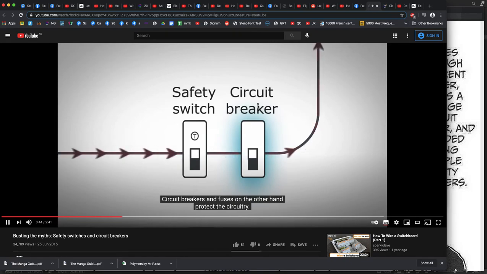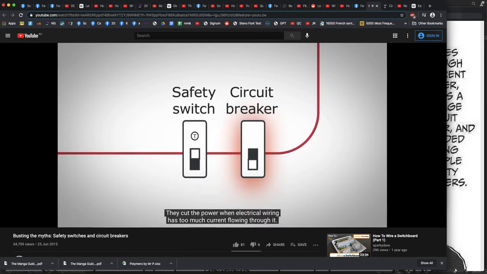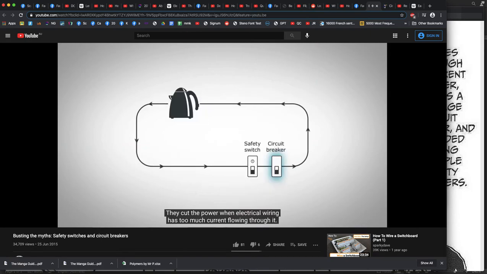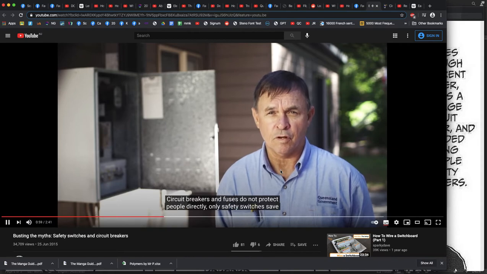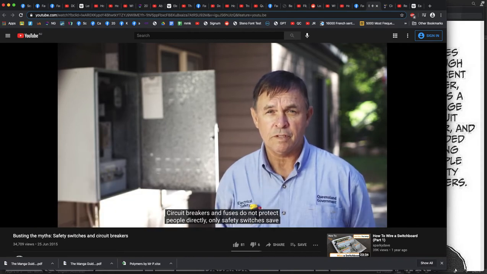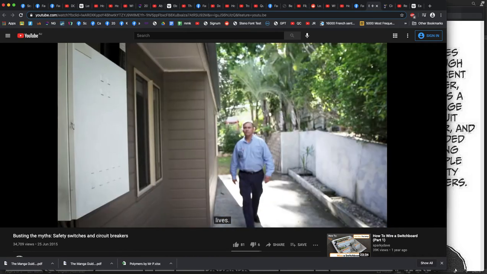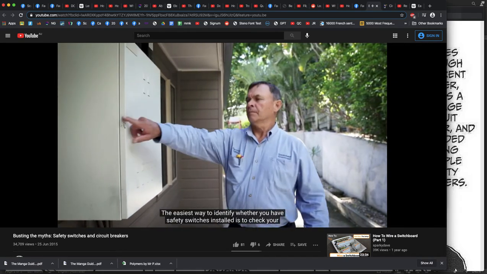The circuit breaker might still allow it, but circuit breakers trigger when there's too much current being drawn. The circuit breaker switches off the electricity to the home to stop an electrical surge, or devices using too much power.